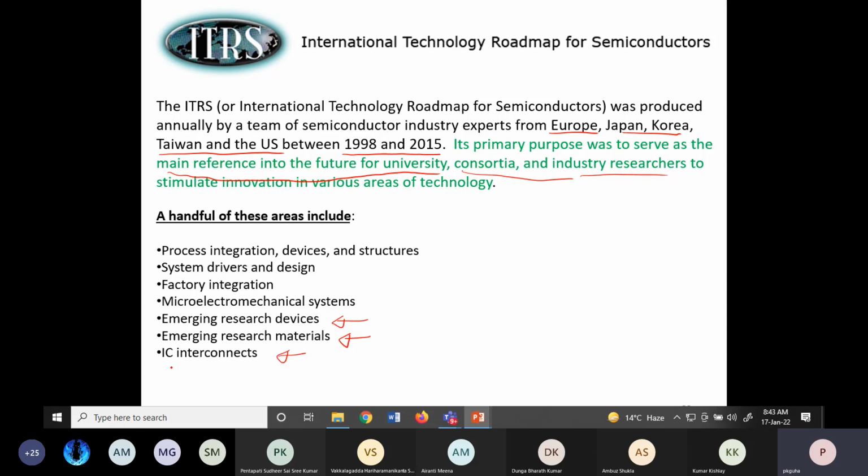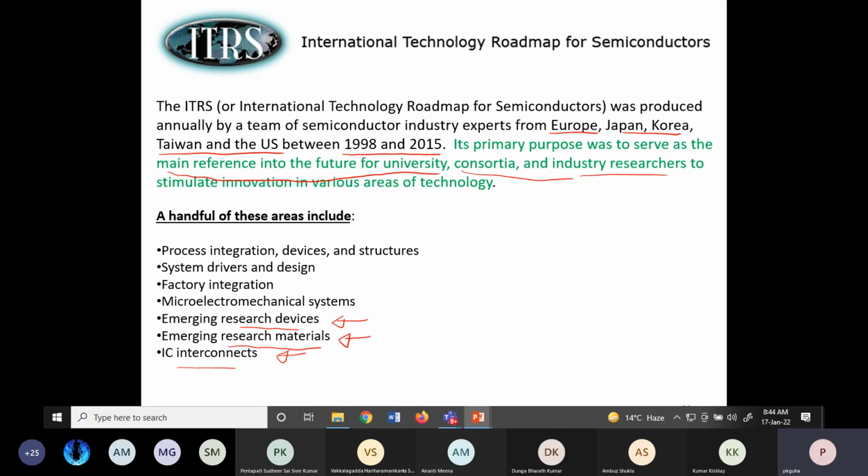For example, IC interconnects, so interconnects are vias and the metal tracks, different research materials. Emerging research devices: it is not only the conventional field, there have been many different innovative devices that people managed to develop over the years, and so on and so forth.